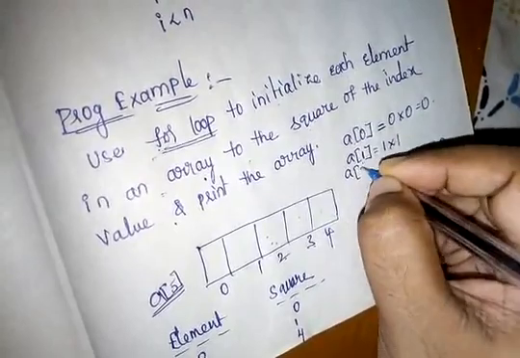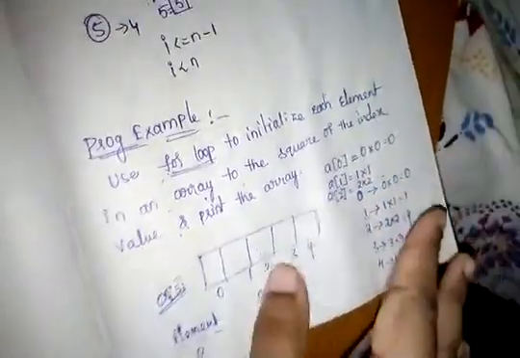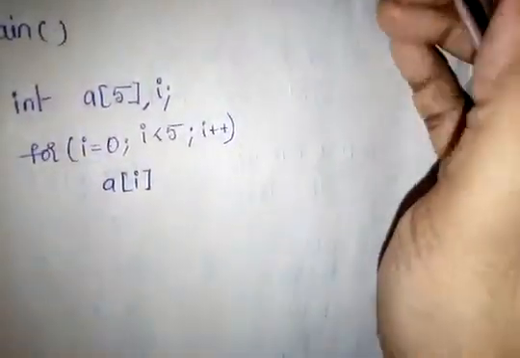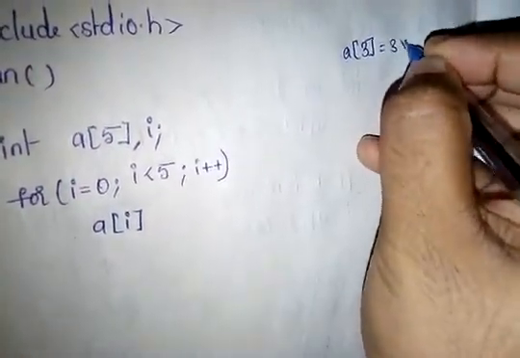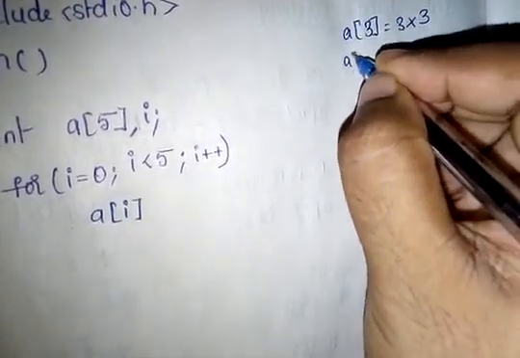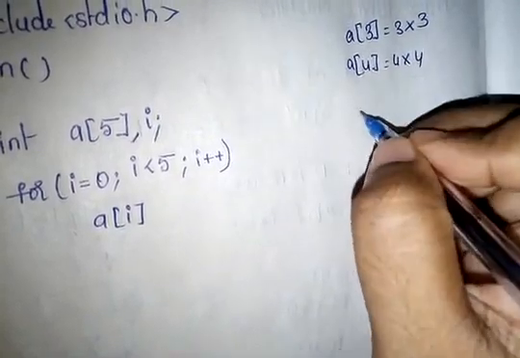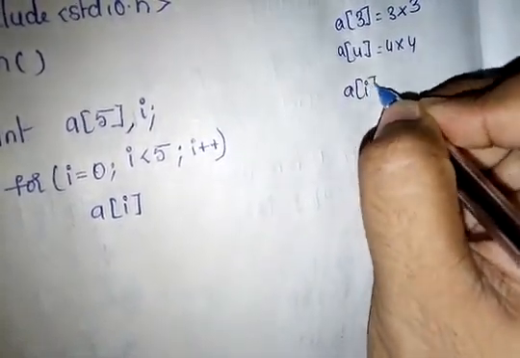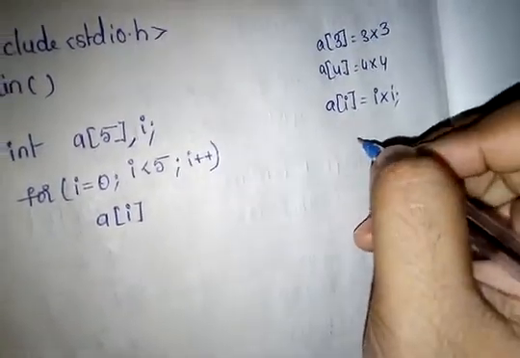So a of 2 should be evaluated as 2 into 2, and likewise a of 3 should be evaluated using 3 into 3, a of 4 using 4 into 4. So if you observe, a of i should be evaluated using i into i.